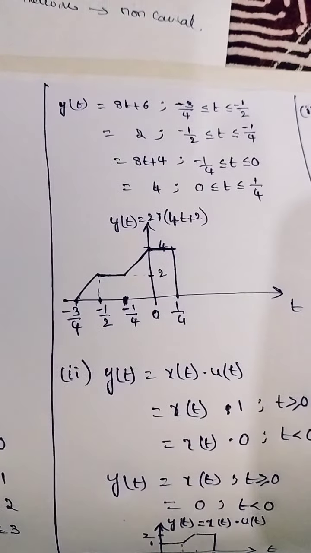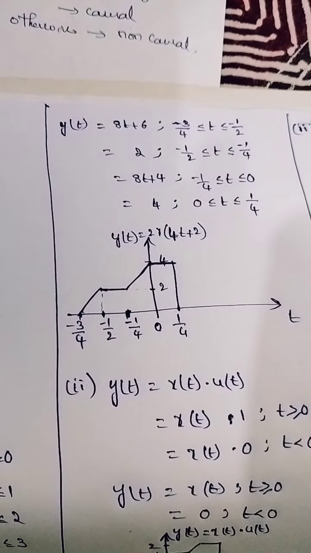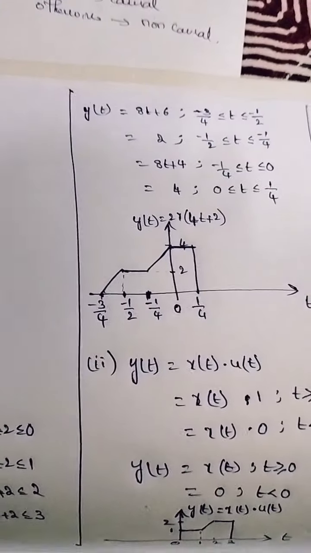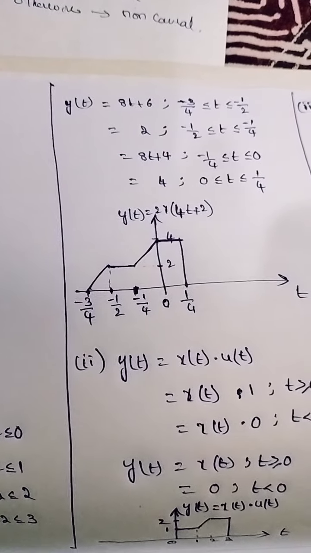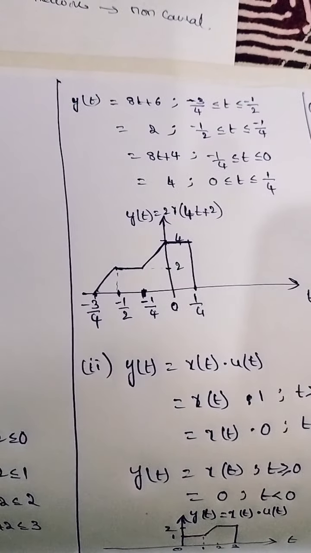So at -3 by 4, the amplitude is 0, and at -1 by 2, the amplitude is 2. Here draw the ramp line. Like that, -1 by 2 to -1 by 4, it is 2. -1 by 4 to 0, again it is a ramp, 8t plus 4.